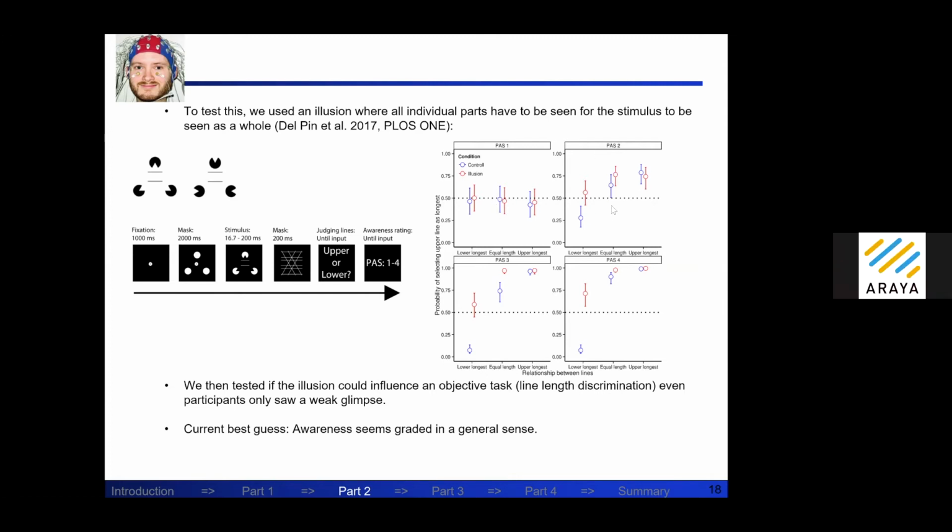And then what we see is that as soon as awareness goes up, people say that the top lines are the longest in the illusion condition, even when they just had a brief glimpse of it. And this effect increases with awareness. So even when the lowest is clearly the longest, when awareness is fully there, they say like 70% of the time that the upper one was the longest. That's how they perceive it.